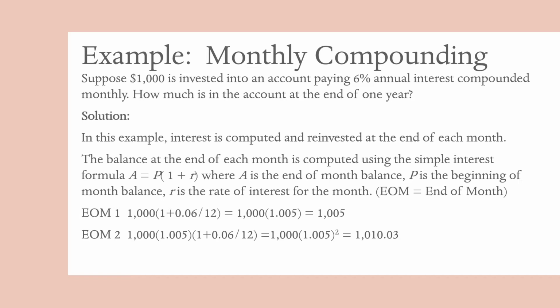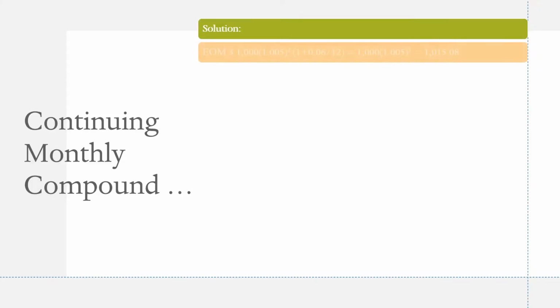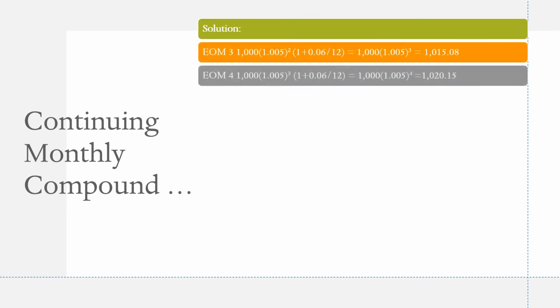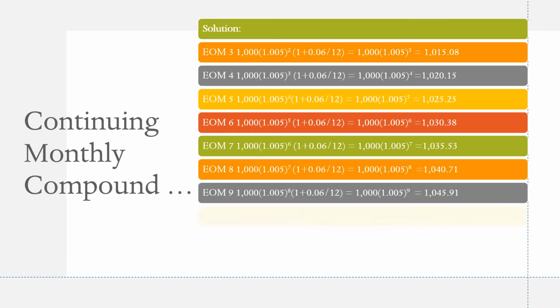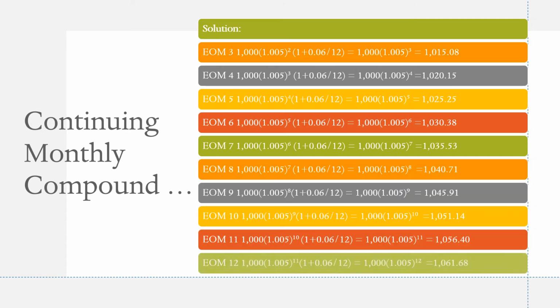If you continue this process, you can find the end of months 3, 5, 6, 7, 8, 9, 10, and 11. And at the end of the 12th month, you have $1,061.68. So in this case, $61.68 is the interest amount you get.